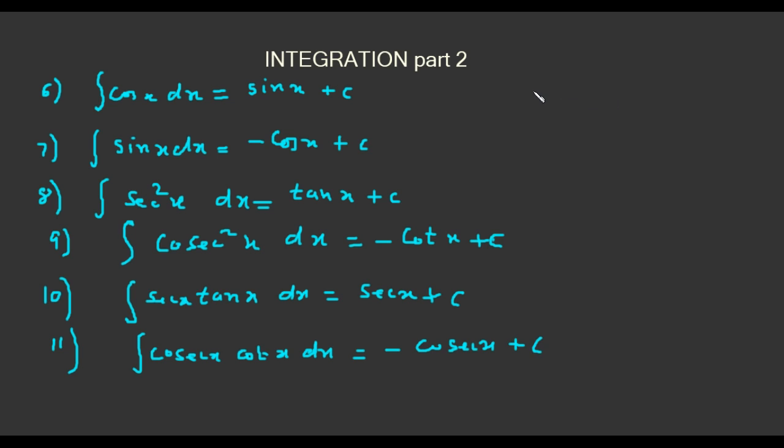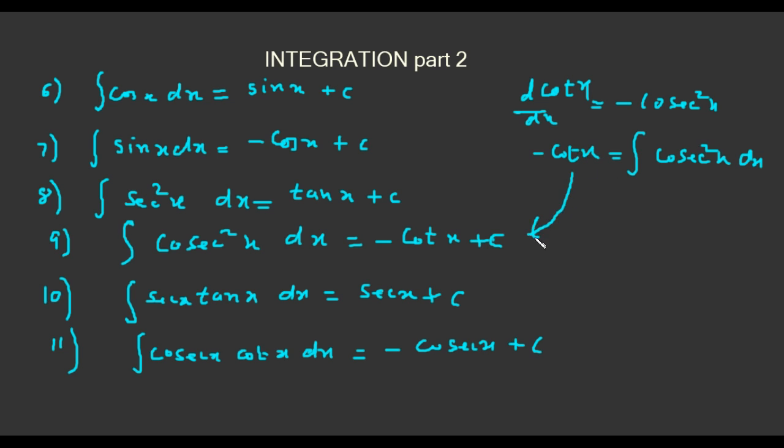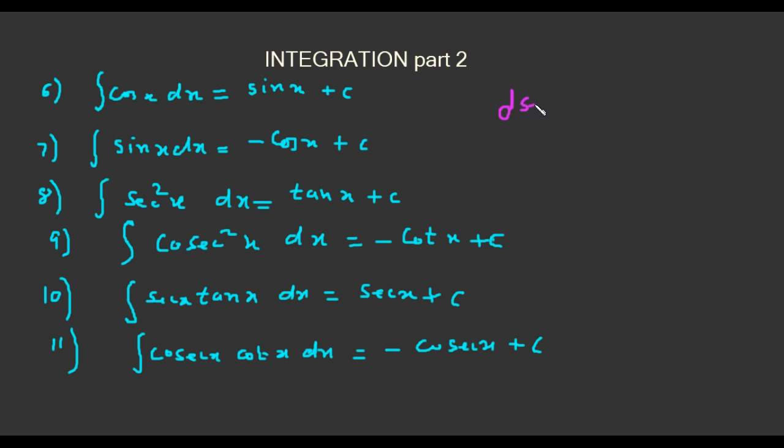And these formulas are also derived, because derivative of cot x with respect to x is minus cosec square x. Therefore, integration of cosec square x is minus cot x, as in this case.